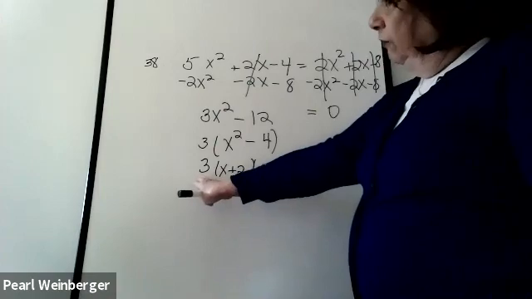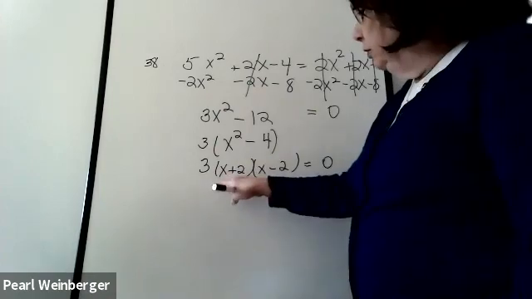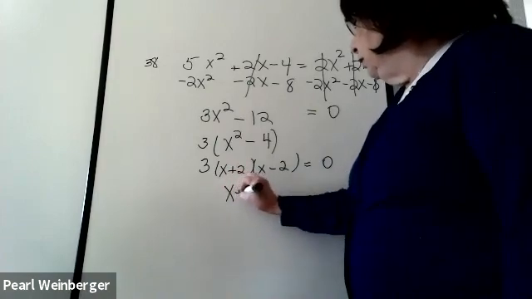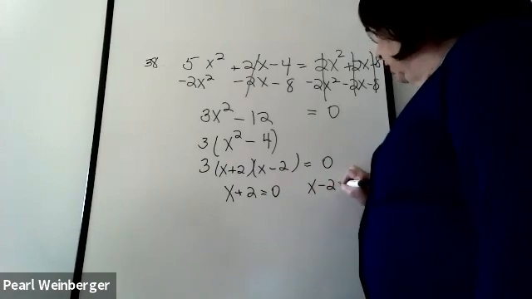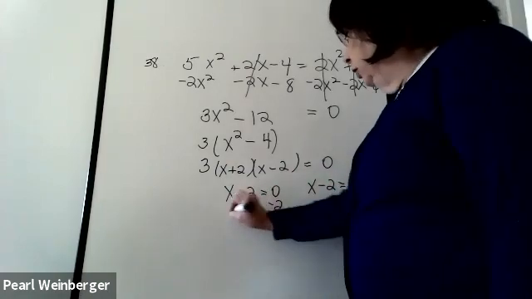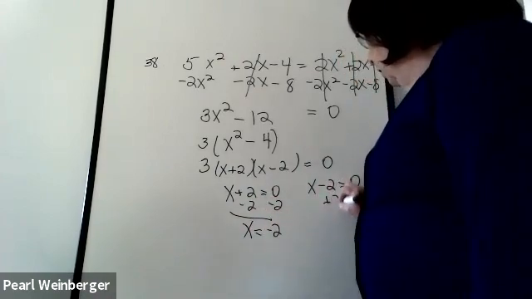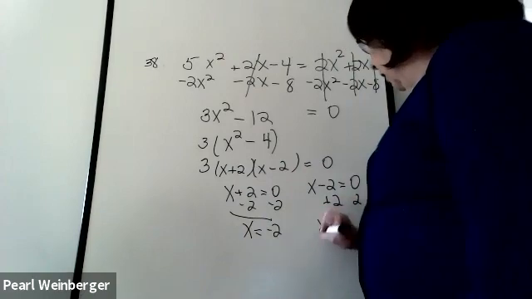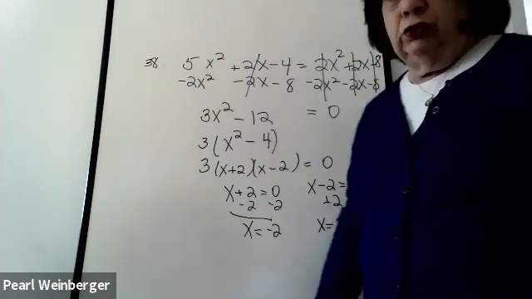And again, just like before, we have these 3 factors, but the 3 can't be equal to 0, so we just do x plus 2 equal to 0 and x minus 2 equal to 0. So one answer gives me x equals negative 2, and the other answer is x equals positive 2. We get 2 answers, negative 2 and 2.